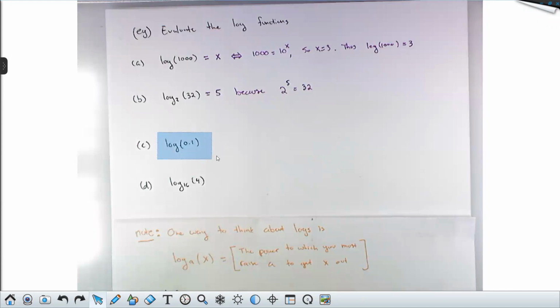All right, this one might be a little more challenging. How about the base 10 log of 0.1? Again, I'm asking what power of 10 is equal to 0.1, or 10 to what power is 0.1?